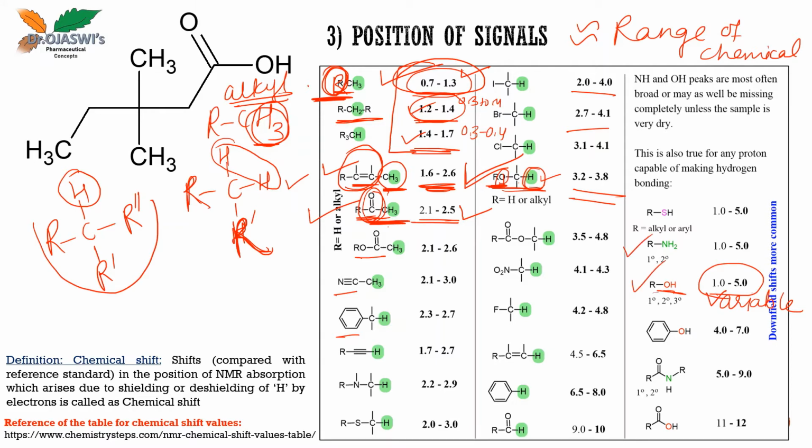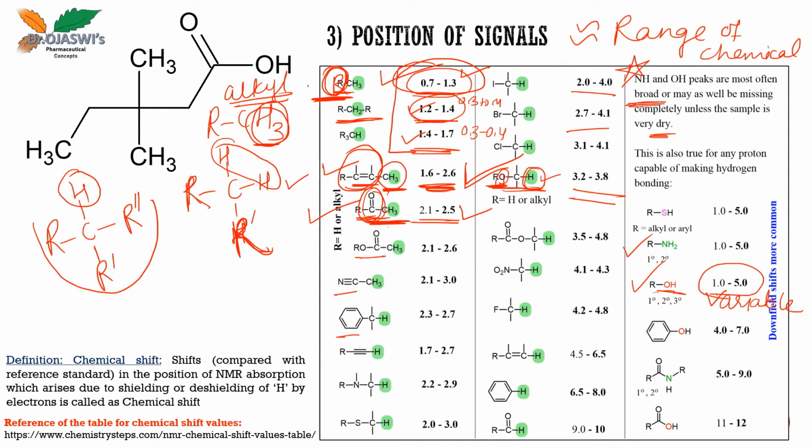See here, a note is also given: NH and OH peaks are most often broad. These are broad peaks and may as well be missing completely unless the sample is very dry, because if the sample is not dry, then there is a chance of hydrogen bonding. If that hydrogen is involved in hydrogen bonding, then it may not appear in the spectrum.